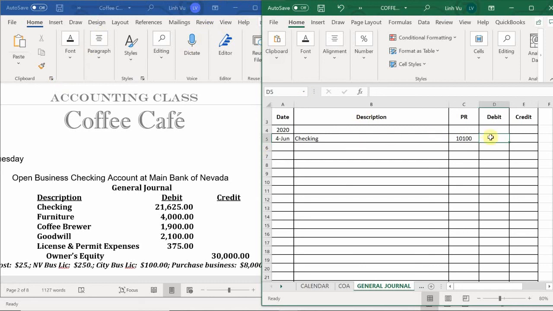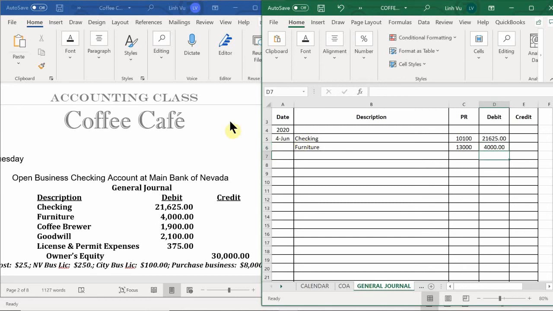So we have the checking account for $21,625. We have furniture, which was account number 13, for a total of $4,000.